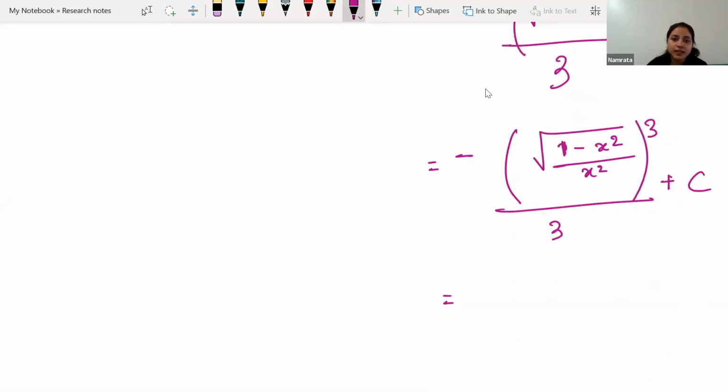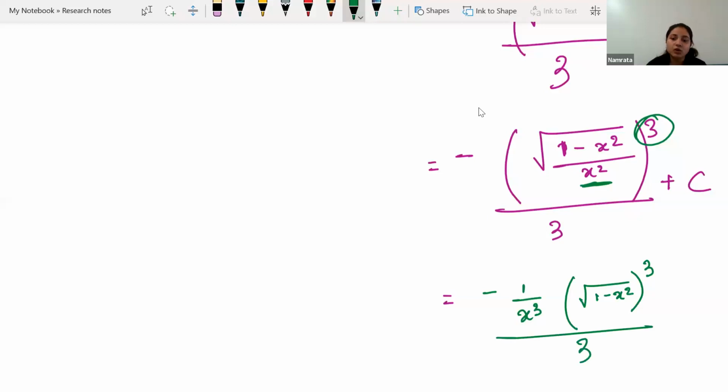So the denominator's x we can take out of the square root sign, that will be only x. But this power 3 it will take, so it will become x cube. And then we will have 1 minus x square to the power 3, over 3 is already there, plus c.